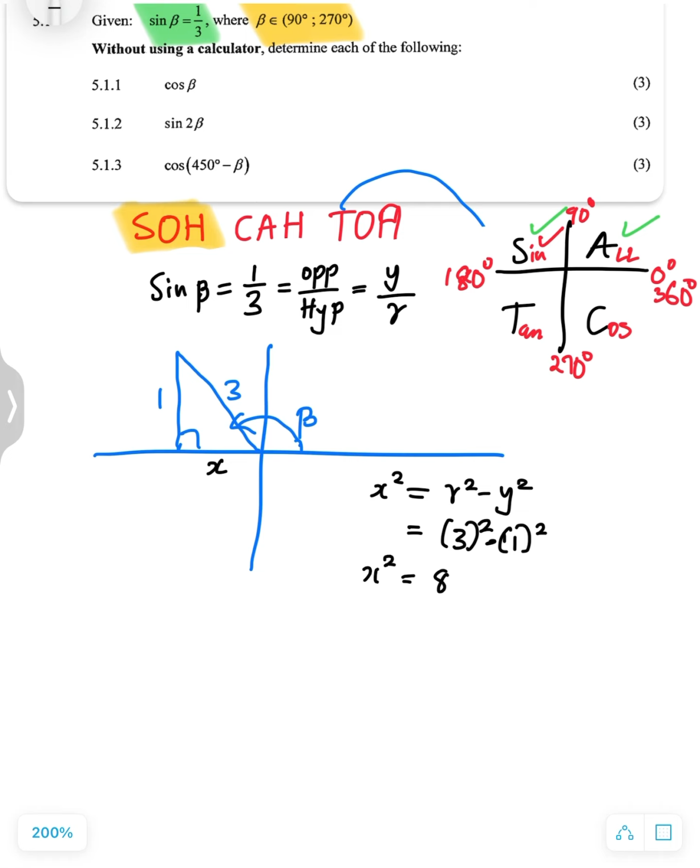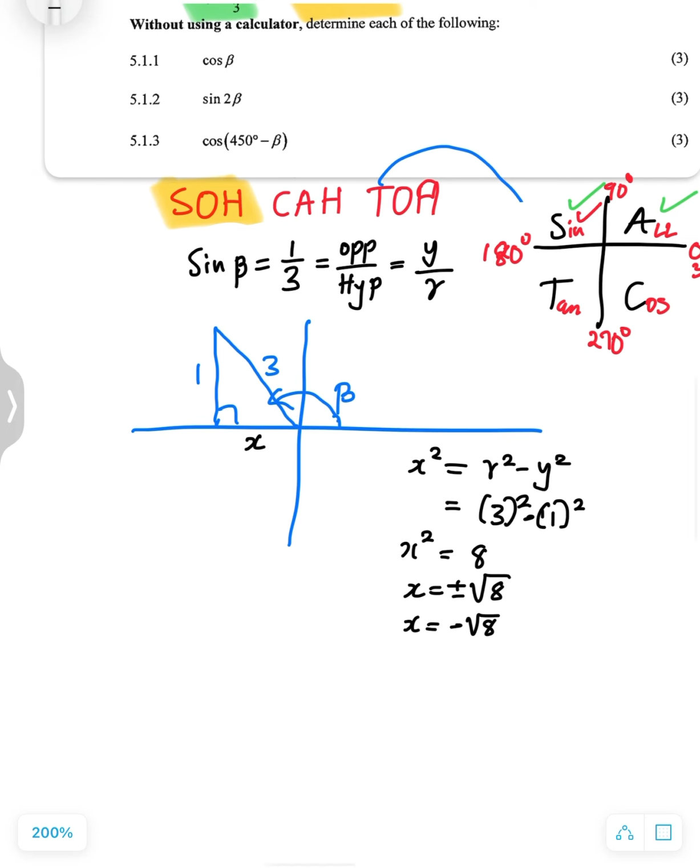That is equal to x squared, but we are looking for x, so we just take the root. When you take the root, we know that it's going to be plus or minus root of 8. Anytime you take the root on both sides, it will always be plus or minus. But we have to go back to the diagram. In the second quadrant, x is negative. So the correct answer for x will be negative root of 8. Okay, so that is the value of x.